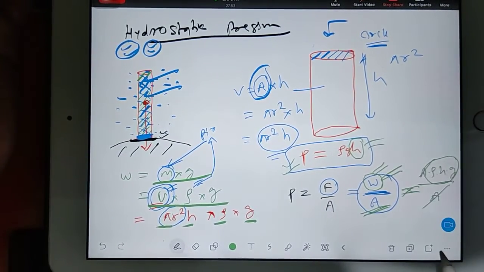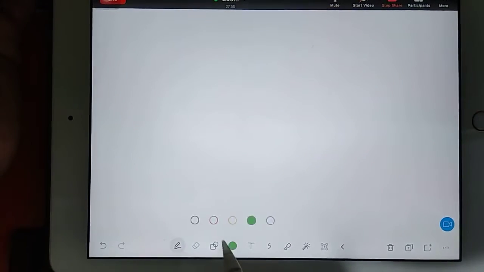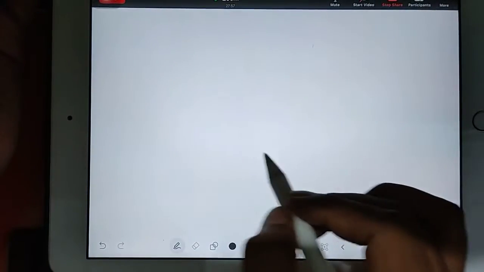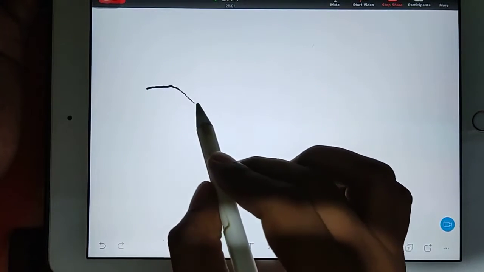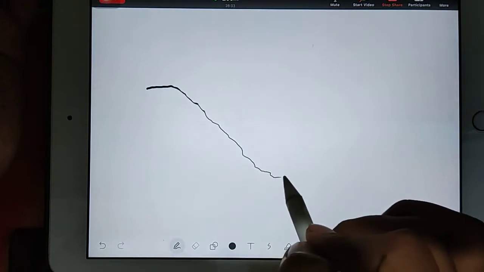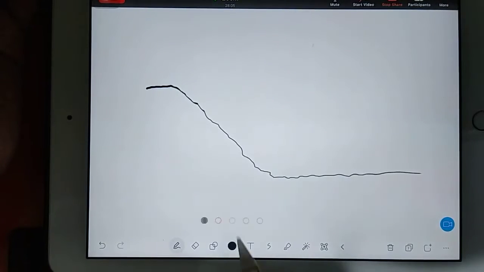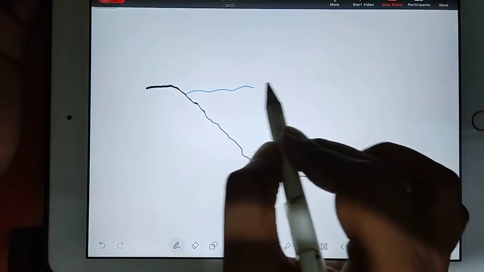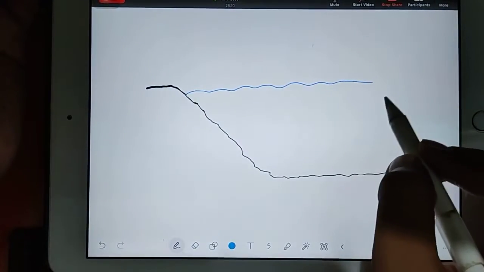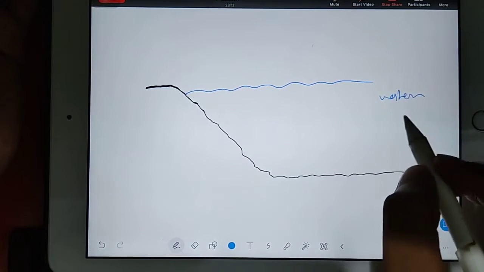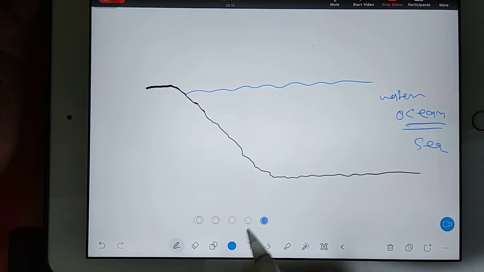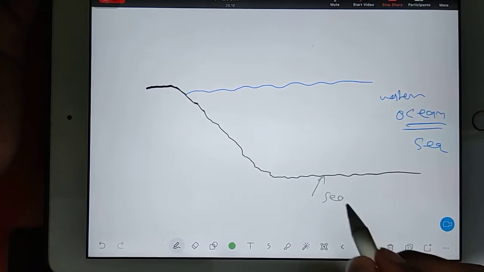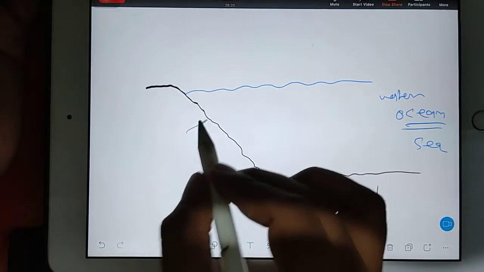What I mean, I will change the page. Suppose you have earth here like this, you have some kind of portion here, and in this portion water is filled. Imagine this is ocean, any sea we can consider, and consider this is your sea bed and this is your earth surface.